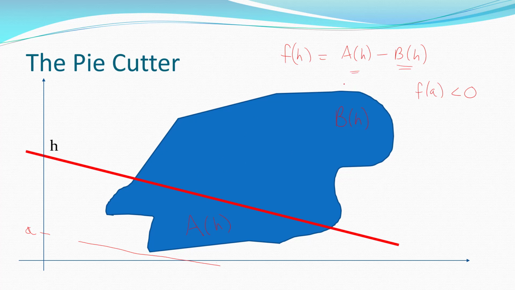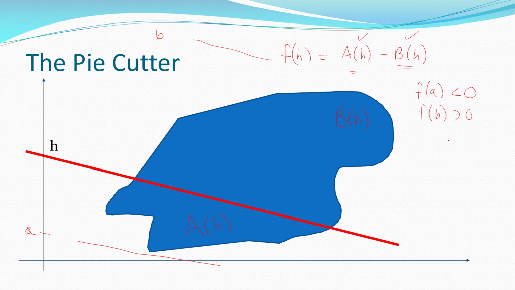On the other hand, there is certainly a line way up here that has a y-intercept of, let's say, b, so that f of b would actually be positive, because now everything is below the line, and this would be all the area, and this would be 0, as there's nothing above it.